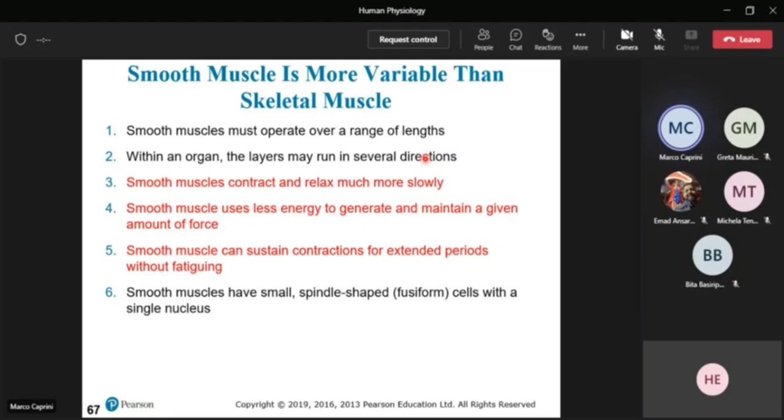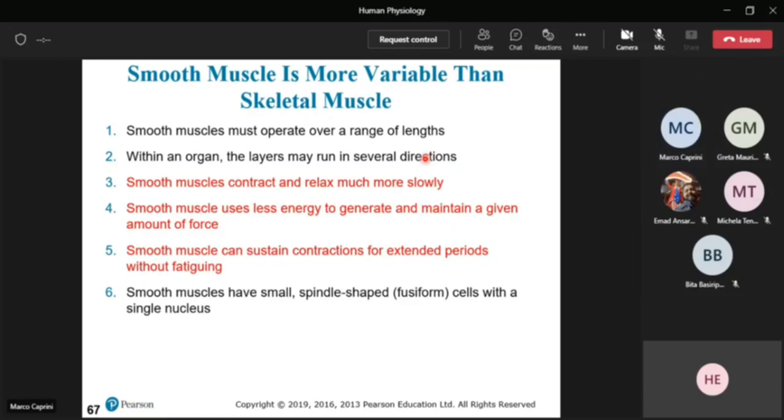We have the circular smooth muscle and longitudinal smooth muscle, okay? And they are different from a structural point of view. They are smooth muscle, but in one way they are circular and they perform this kind of movement, okay? And in the other way they are longitudinal. They contract in this way, while the circular contract in this way, okay?